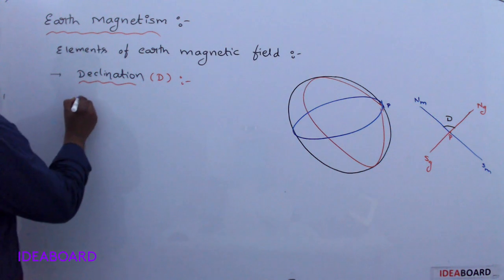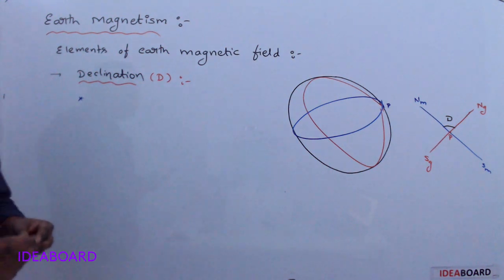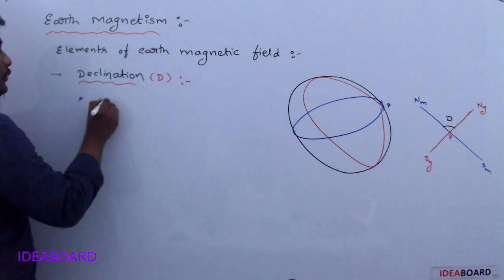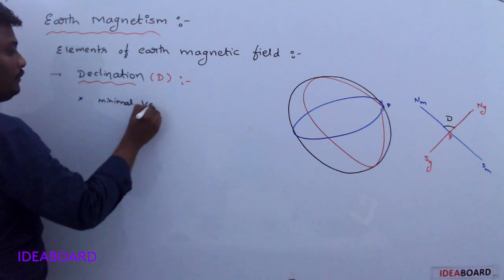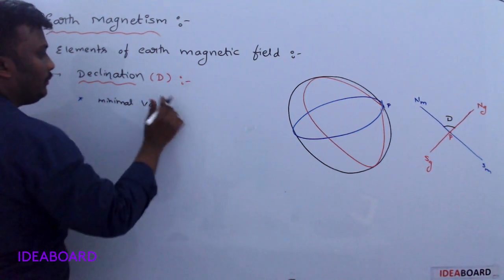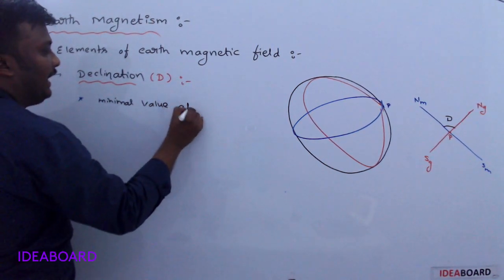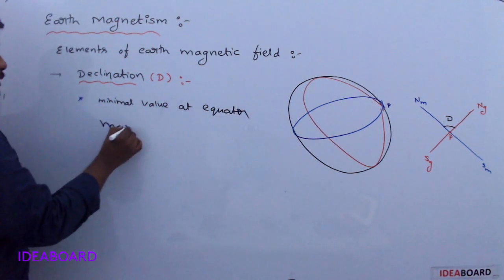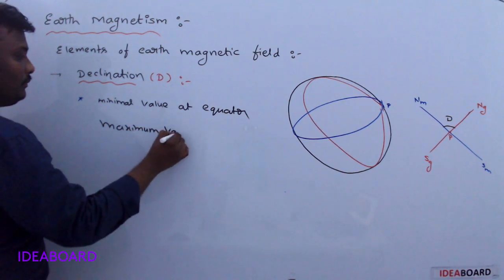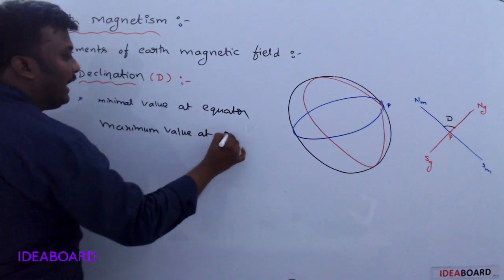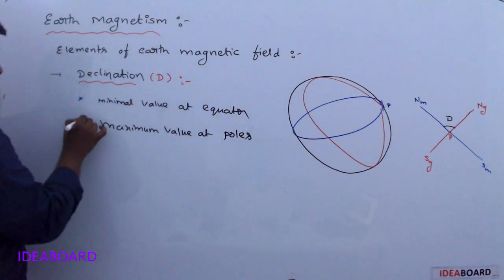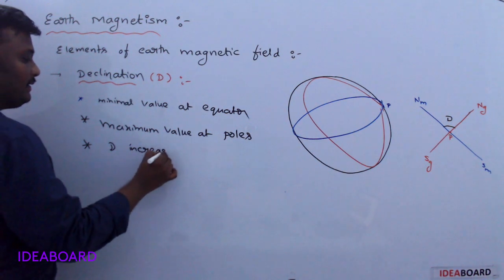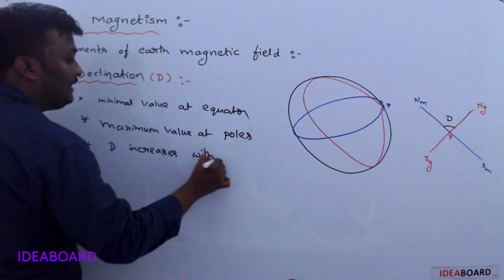This declination changes from place to place. It has a minimum value at the equator and a maximum value at the poles, and its value increases with latitude.